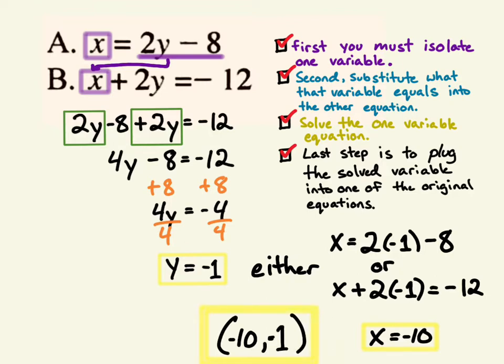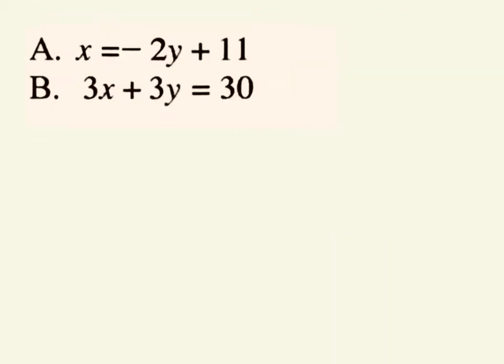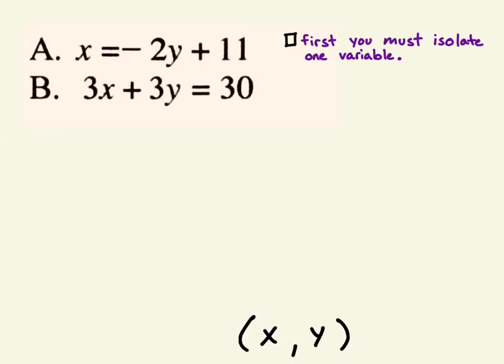All right, my next example is x equals negative 2y plus 11, and 3x plus 3y equals 30. Now, I'm trying to find that coordinate, and I'm first going to isolate the variable. It's already done for me.